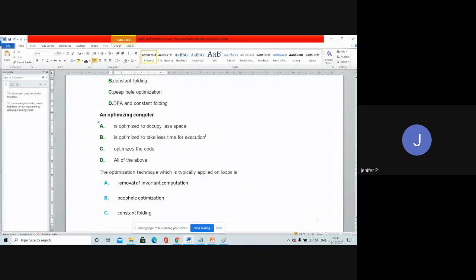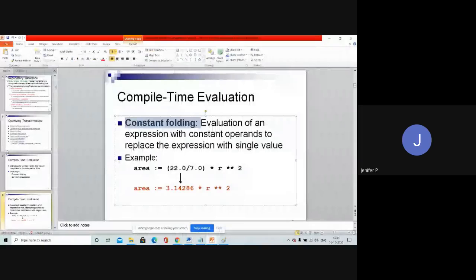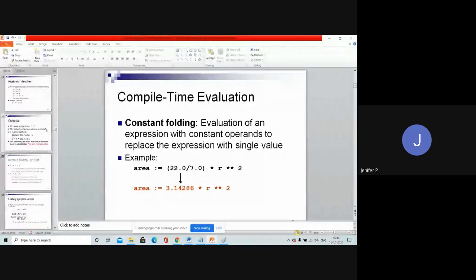For example, 5 variables யூஸ் பண்றோம் அப்படின்னா at least 1 வேரியபிளா ரெடியூஸ் பண்ண முடியுமா? So it will surely occupy less space. And the next one, less time of execution. So for example, if I take the use of machine idioms, I will show you the example. Machine idioms. See here.